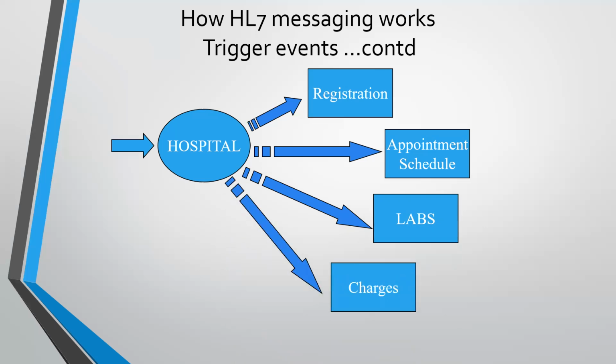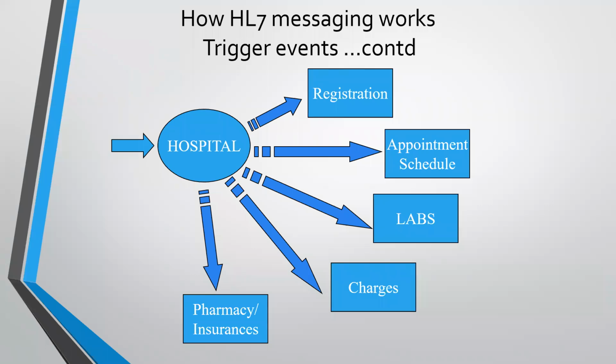And then you have charges. Charges are nothing but the amount incurred for the treatment taken by the patient. Anything related to charges will fall under the charges bucket. And then you have pharmacies and insurances. Usually, not every clinic or hospital would use HL7 messaging for pharmacies and insurances.